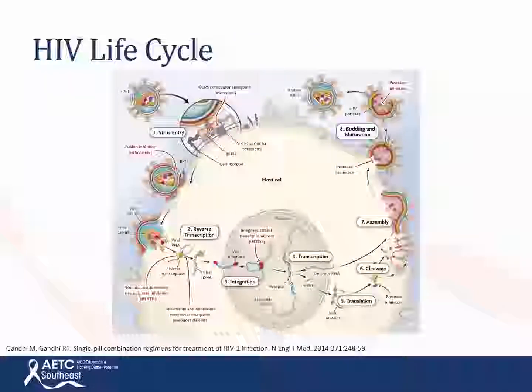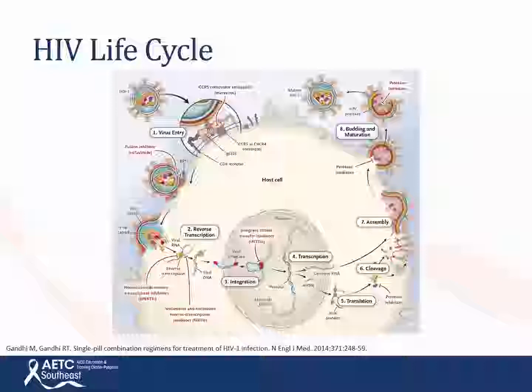This graphic shows the life cycle of HIV. You'll notice that the HIV virus must enter into a person's own CD4 T cell in order to replicate. This entire process of viral replication can be summarized in a few key steps. First, attachment. The virus comes along and attaches to our CD4 T cell. Then entry, where the virus dumps its contents into the T cell. Now, this includes the virus's genetic material, that's called RNA, and viral enzymes.